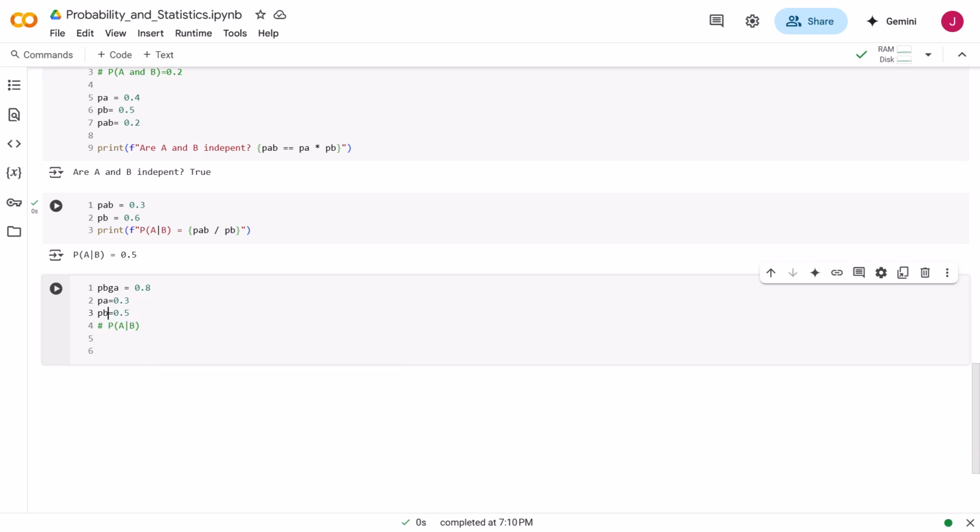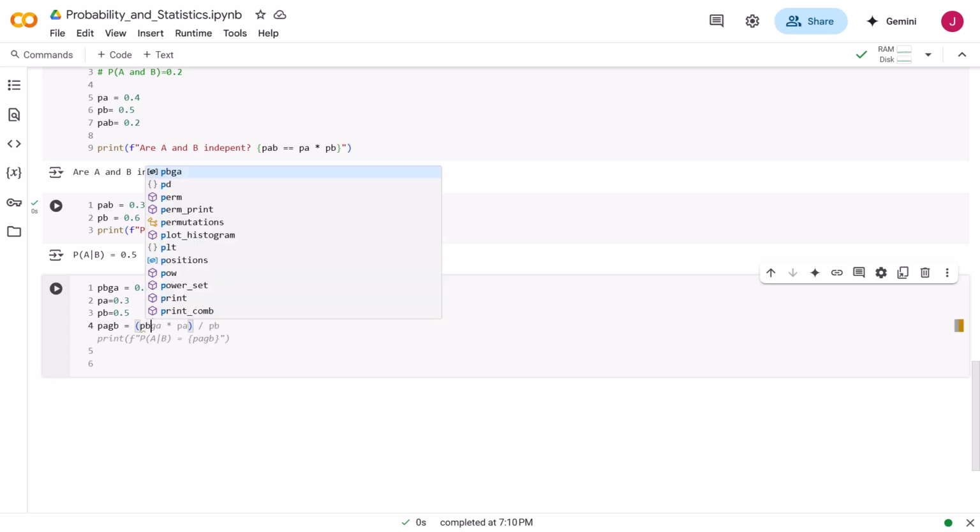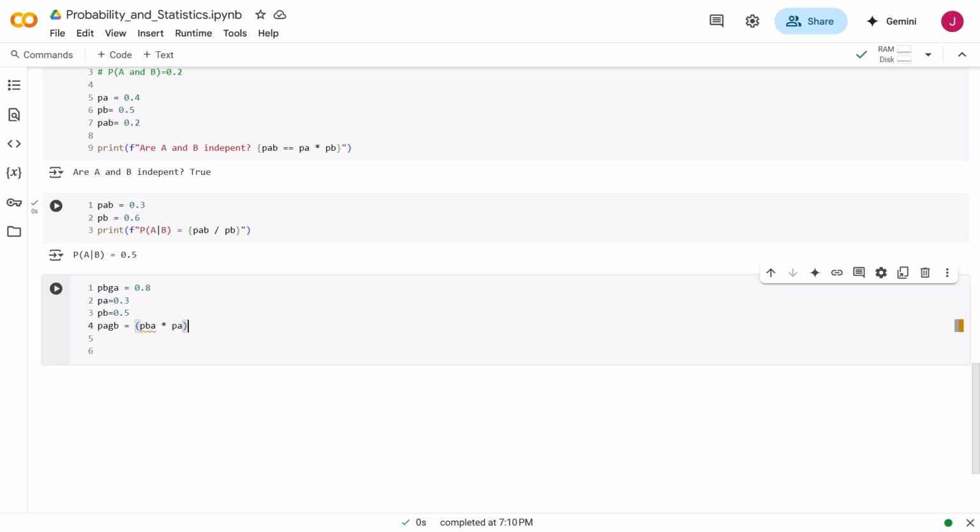Then what is the probability of A given B? Probability of A given B is equal to probability of B given A multiplied by probability of A divided by probability of B. Bayes theorem says probability of A given B is equal to probability of B given A multiplied by probability of A divided by probability of B. In this way, I can print it, right?